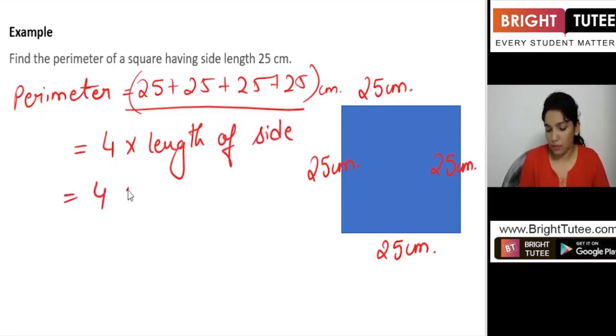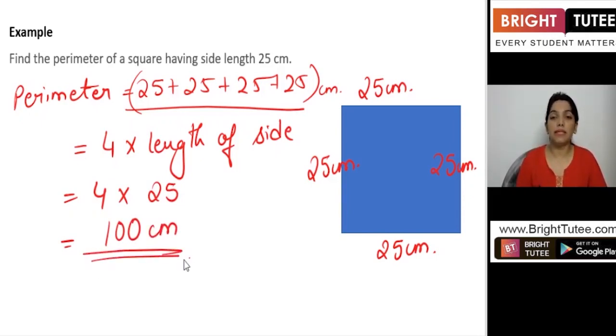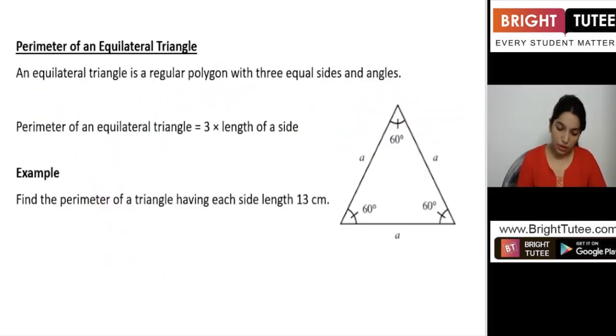So 4 times, what is the length of the side? It is 25. What is 4 times 25? It is 100 centimeter. Clear? We simply multiply the length by 4. Very simple. Moving ahead to the next one.